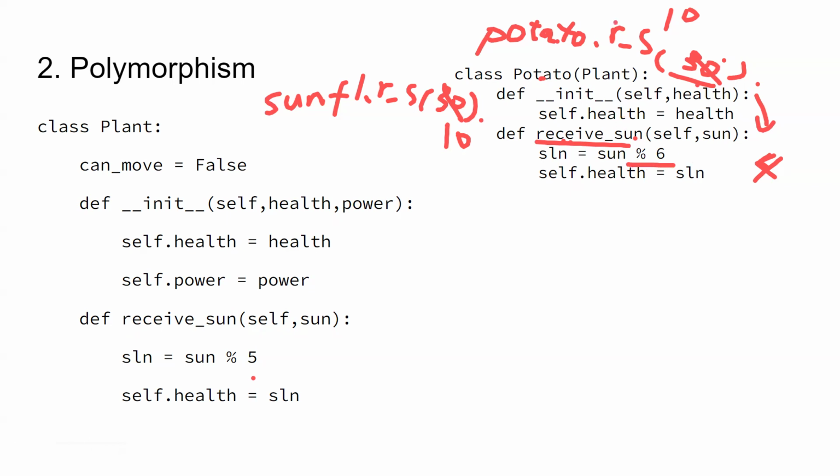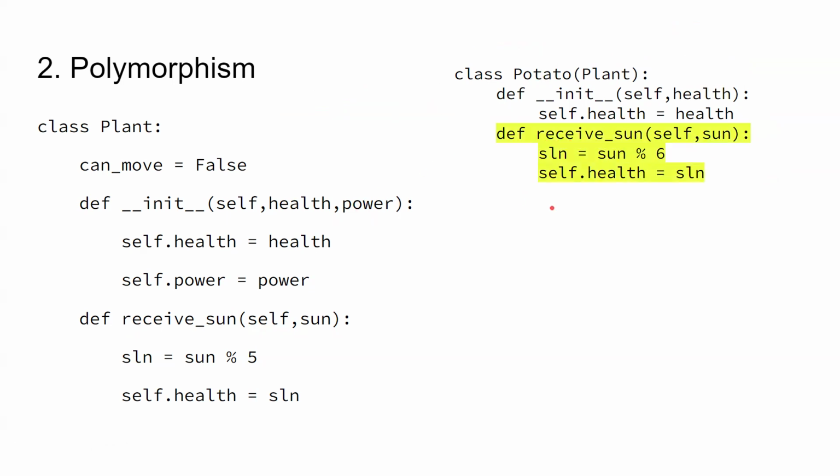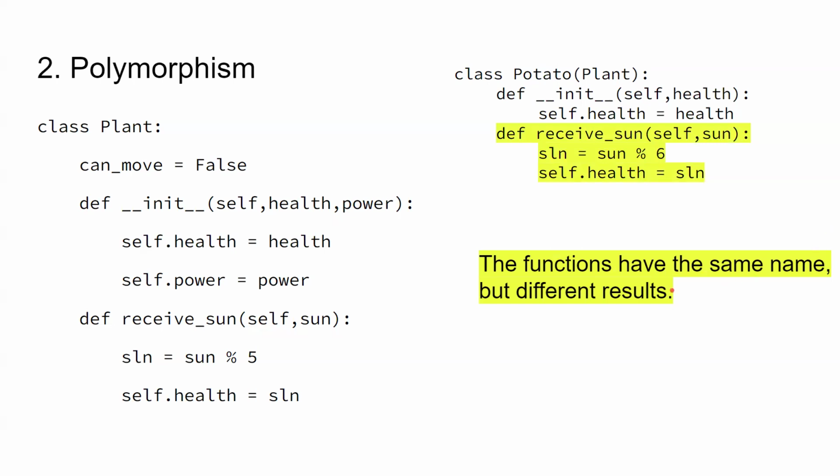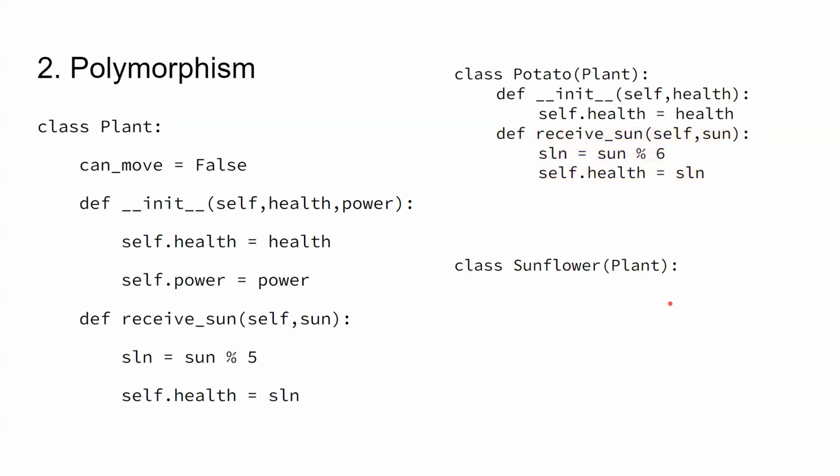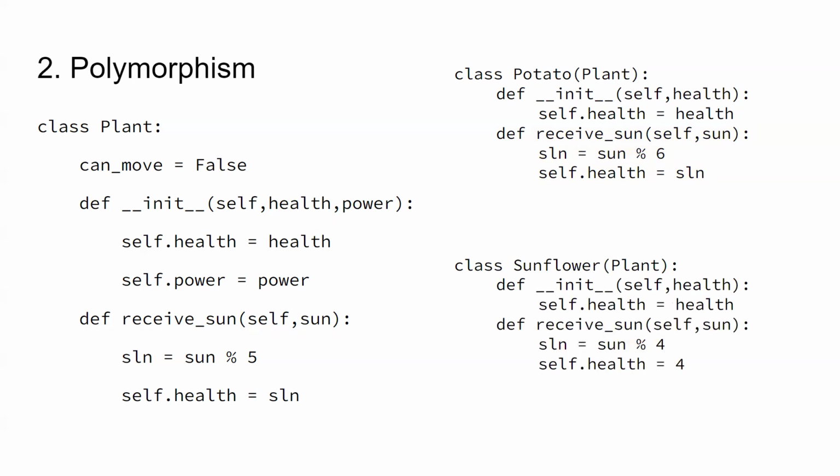And next time a potato calls this function, it will go into here and execute this line. So it's acting differently from other plants. Also the functions have the same name but different results. Also sunflower. Let's see what's different about this.